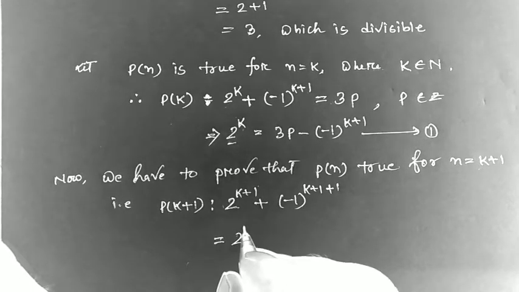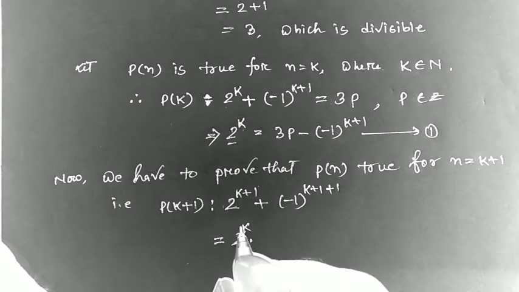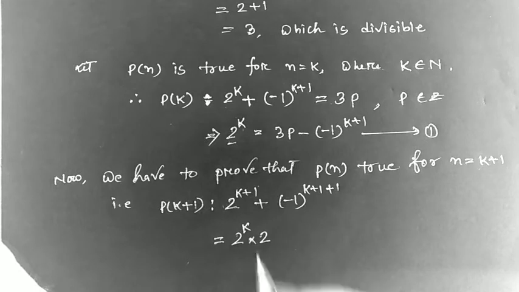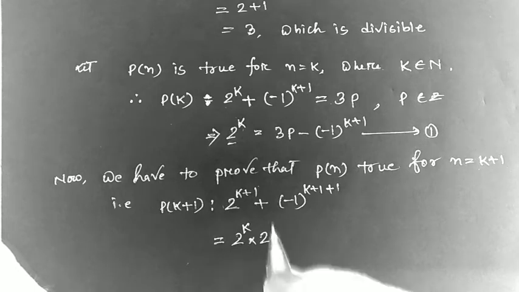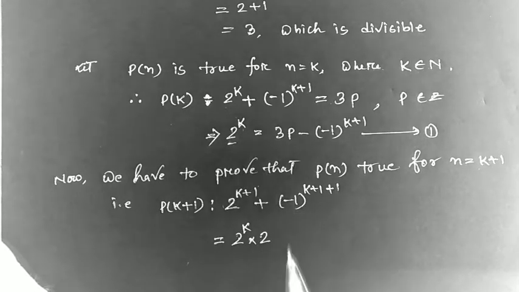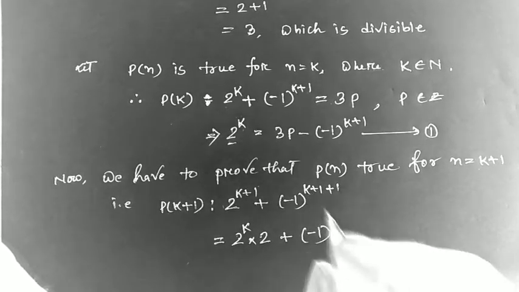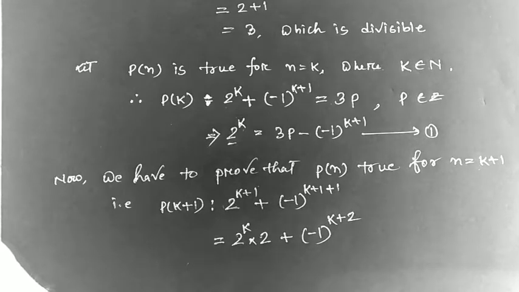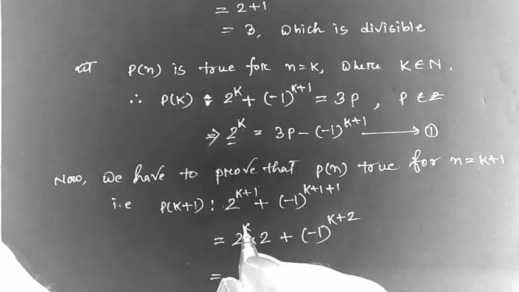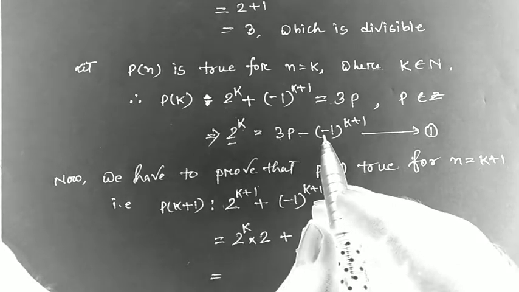So here 2 to the power k, and 2 to the power k plus 1 can be written as 2 to the power k into 2. We just break it down to get 2 to the power k, and all other things will remain the same. Minus 1, here k plus 1 means plus 2. Now we'll put the value of 2 to the power k. 2 to the power k means what? 3p minus these things.